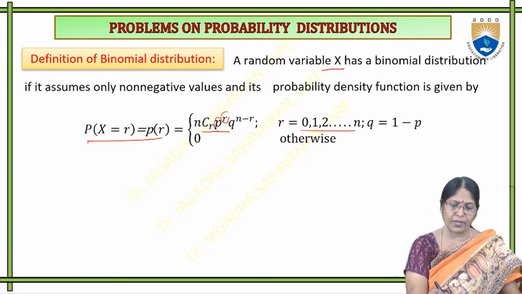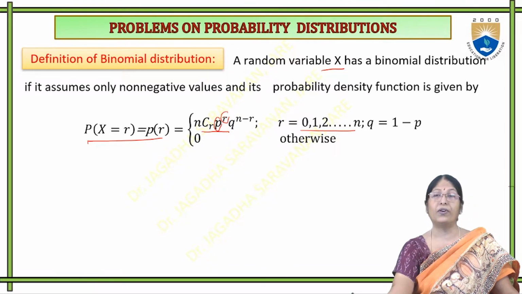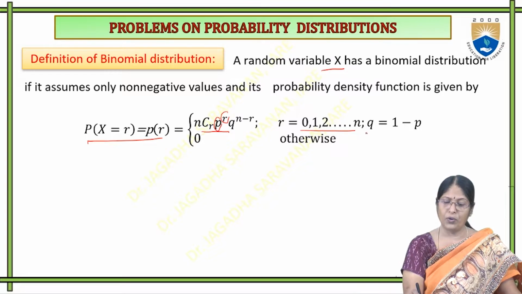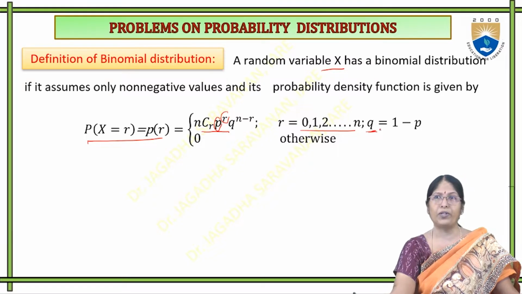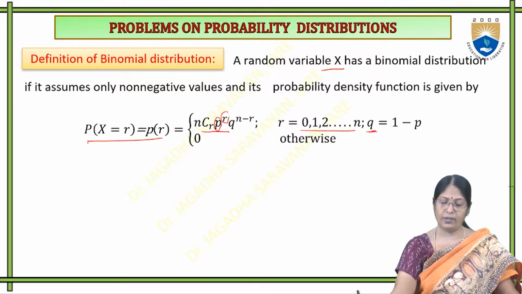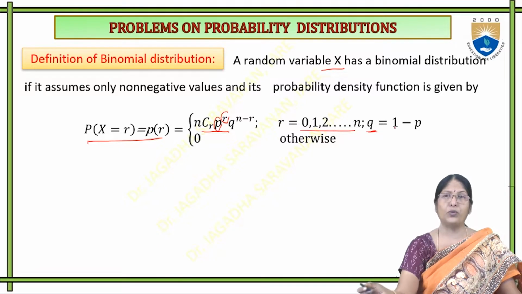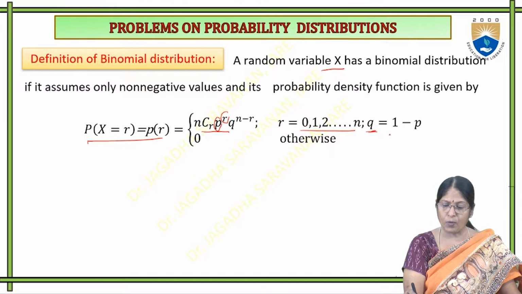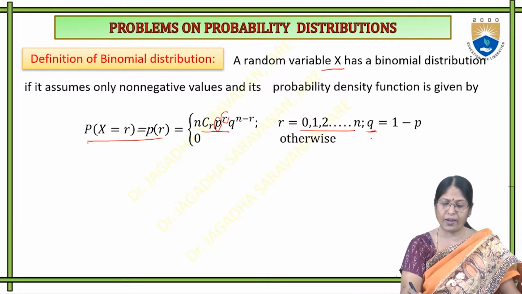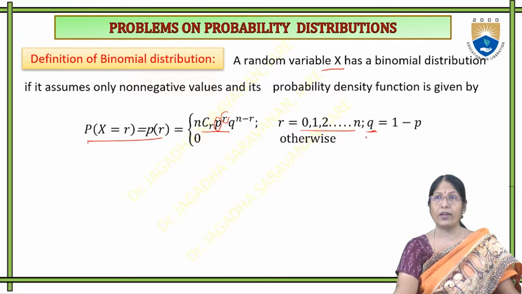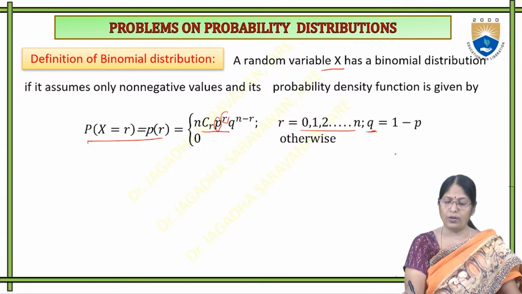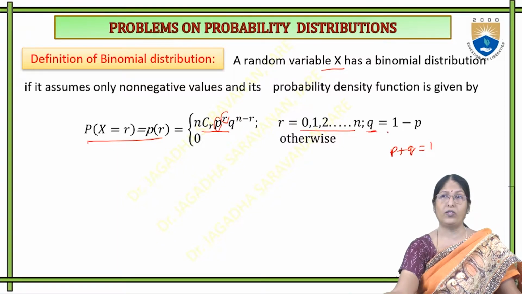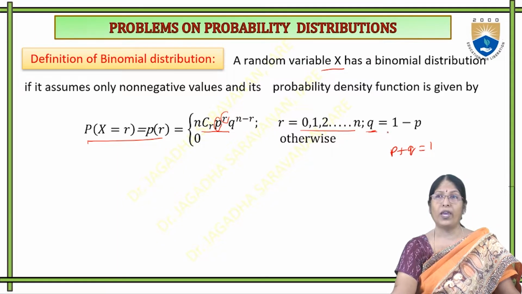P represents the probability of success, Q represents the probability of failure, and Q equals 1 minus P, which is obtained from P plus Q equal to 1.